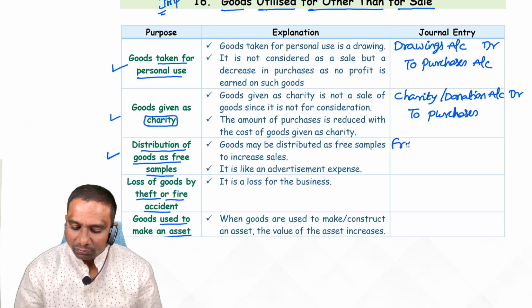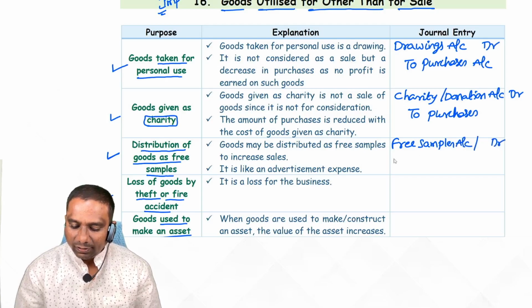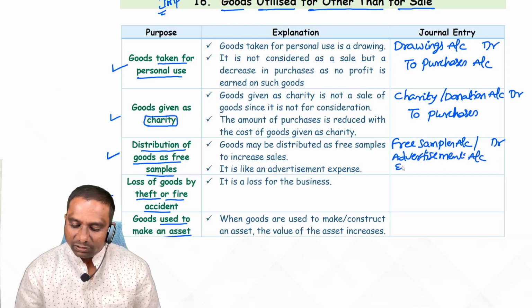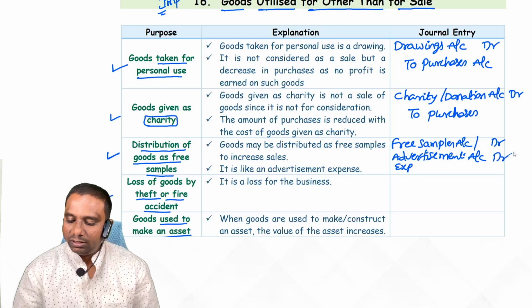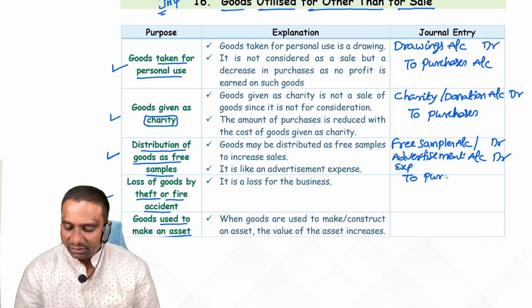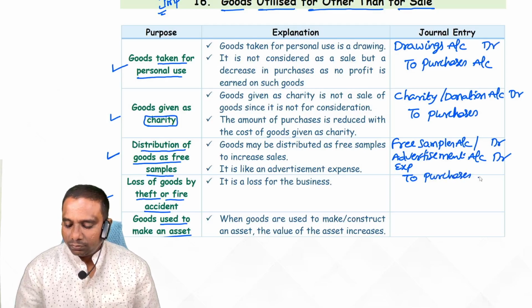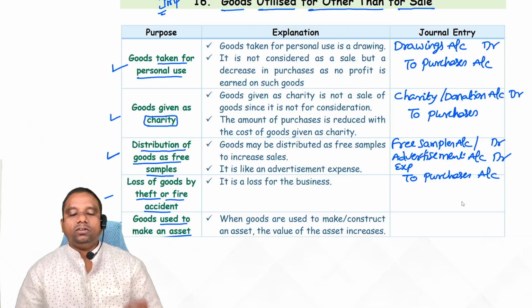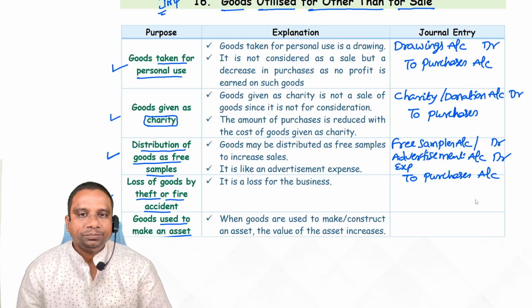So here, you may debit either the free samples account or the advertisement expense account, to purchases account. Is it clear, students?